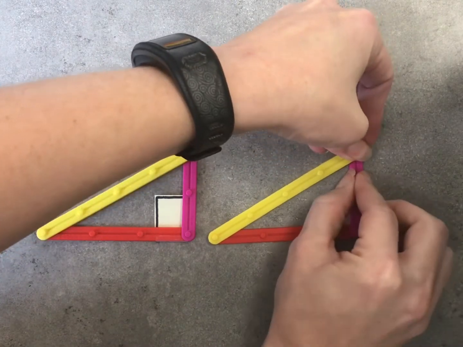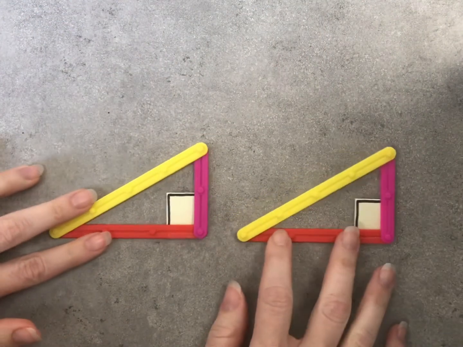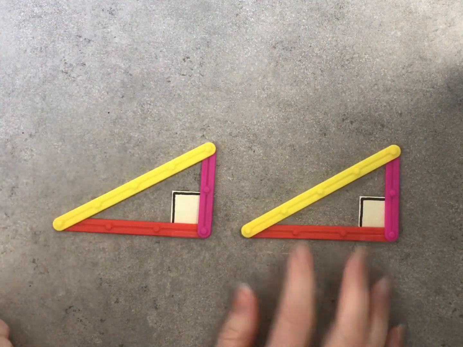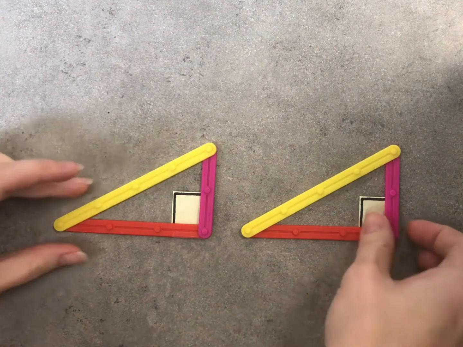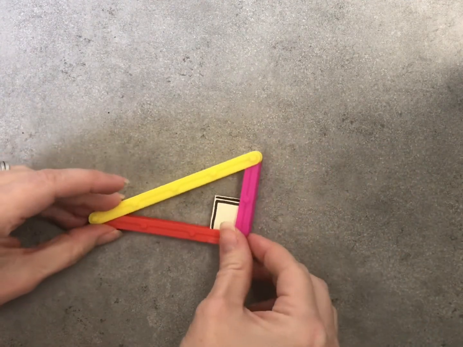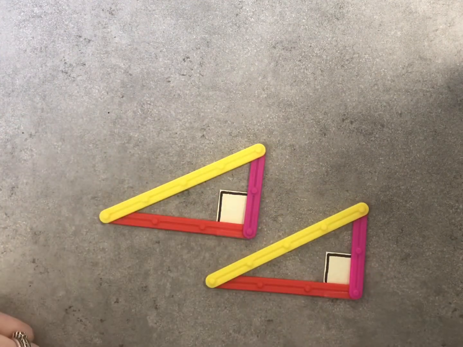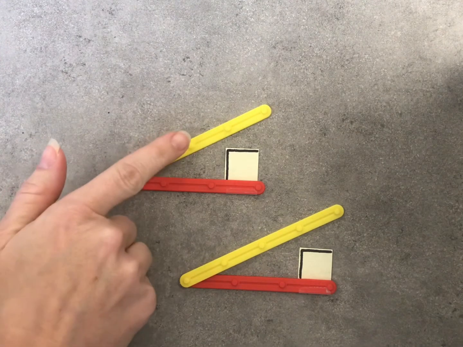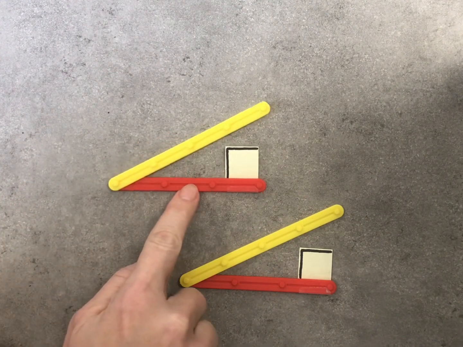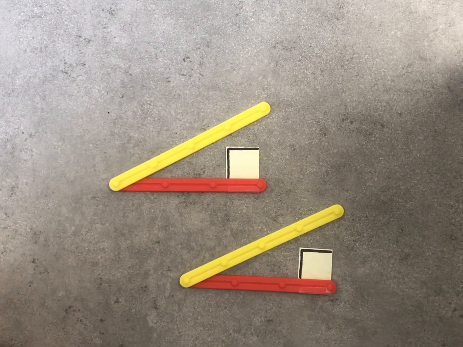And so there's only one way to do that. And since there's only one way to do that, it turns out that those triangles will always be congruent to one another. And so when we see a setup like this, we call that the hypotenuse-leg, or the HL congruence theorem. Again, it only works on right triangles.